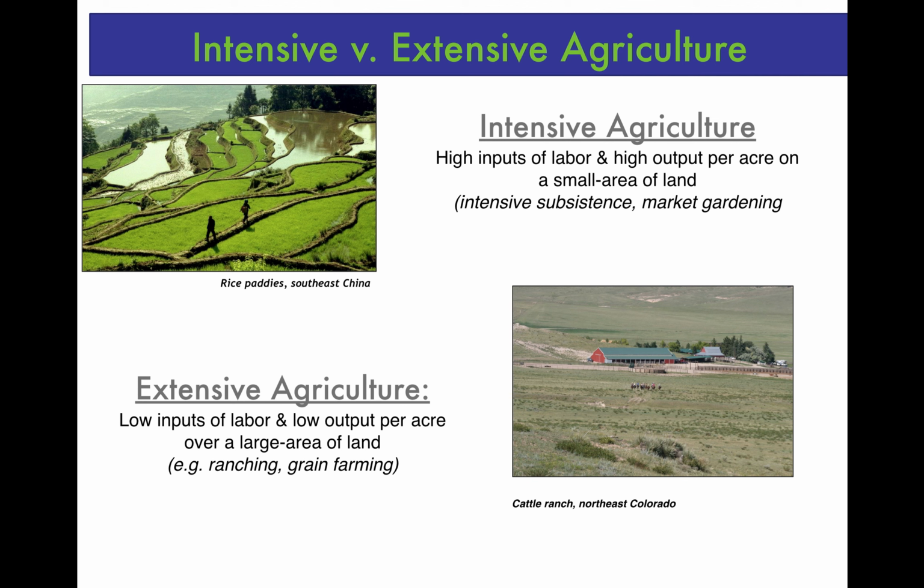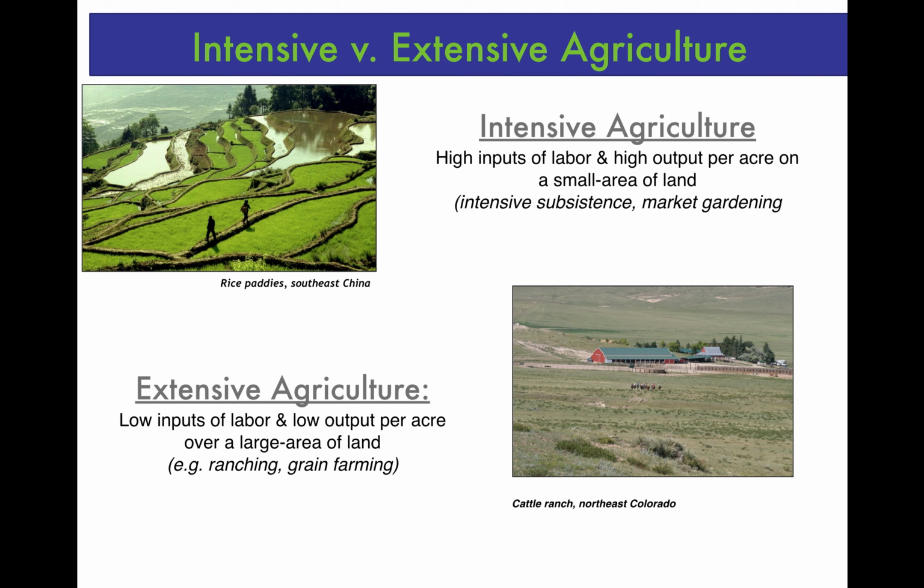Let's put that into context. If you are a grain farmer, you have a ton of land that you will be growing grain on, because you're not going to get massive outputs of grain in a small area of land. You need lots and lots of land for that grain to become particularly profitable.